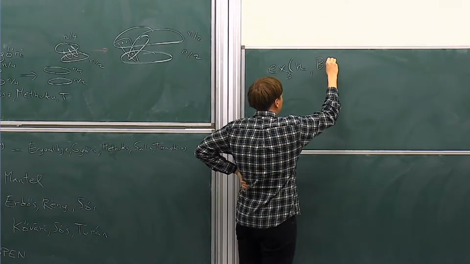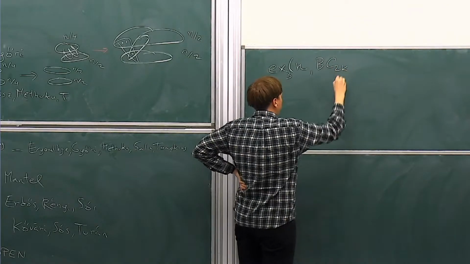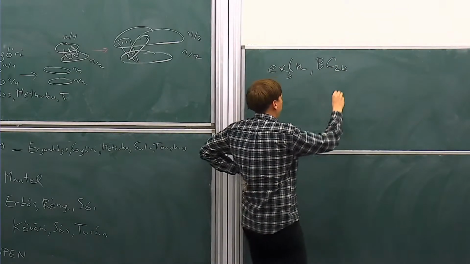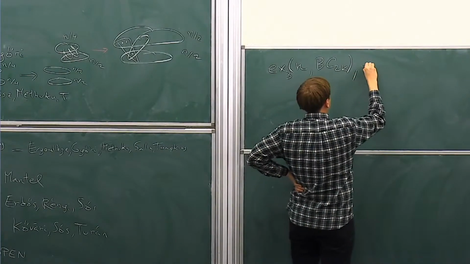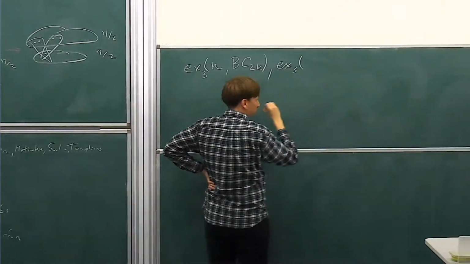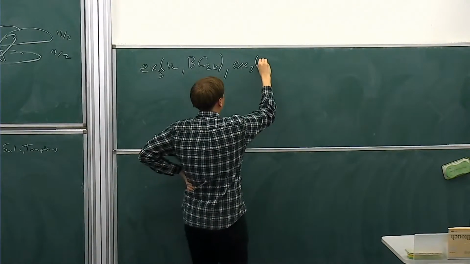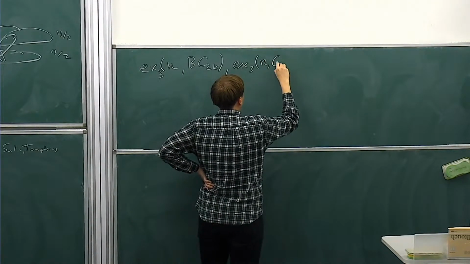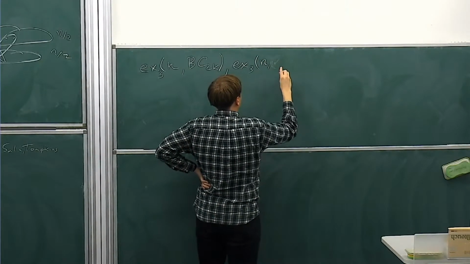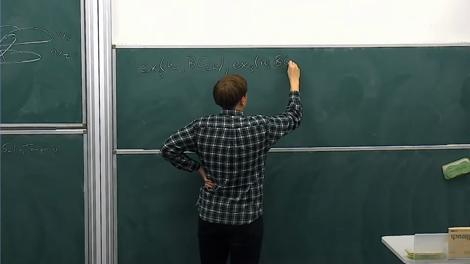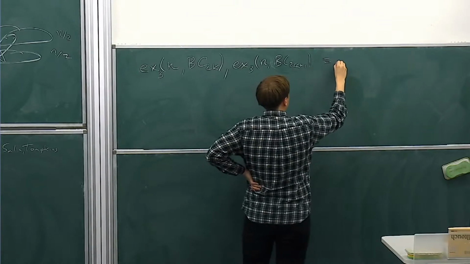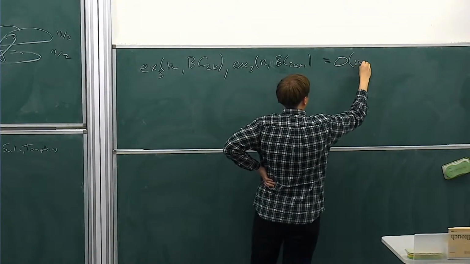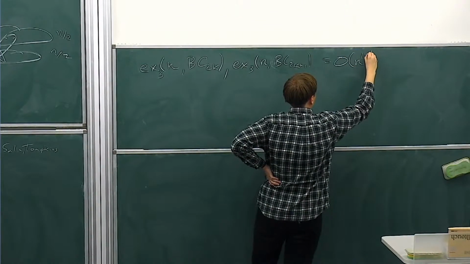So let's say Berge C2k. Actually, both the Berge C2k and the Berge cycle with 2k plus 1 vertices, the C2k plus 1, both of these are upper bounded by n to the 1 plus 1 over k.